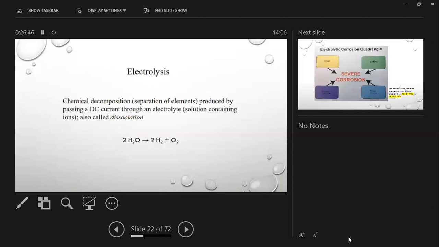Chemical decomposition, that is separation of the elements, produced by passing DC current through an electrolyte, like seawater. It's also called dissociation, and that's electrolysis. That's a chemical formula for electrolysis, breaking down of water into hydrogen and oxygen.